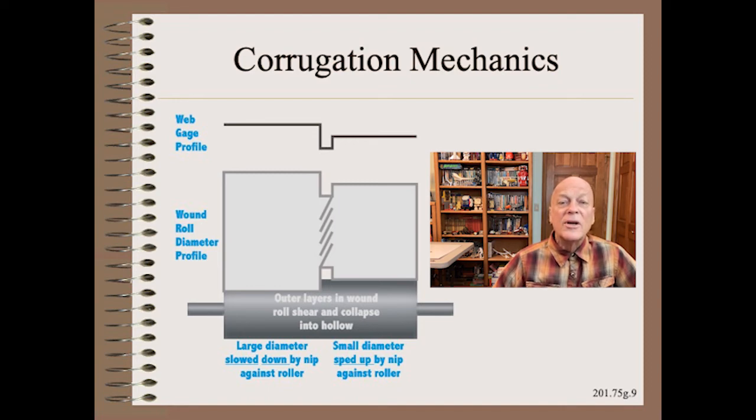The net result is a shear twist in the outer layers as they're laid down upon the winding roll. Having a valley located at this step, a very common occurrence, gives the layers a stress concentration and a nucleus for the shearing to occur.